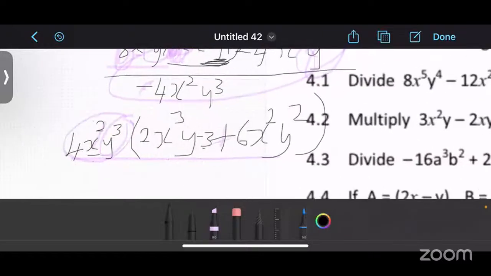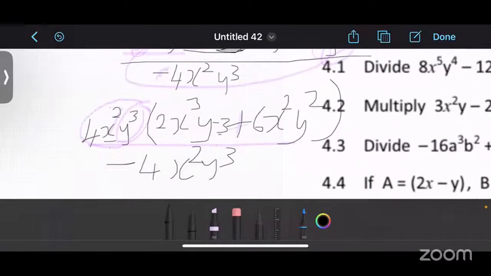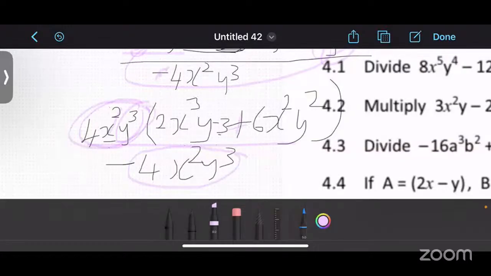And then let's see. Down here we have minus 4 x to the power of 2, y to the power of 3. If you have something like this, can you see that we have like terms? This and this are the same, but obviously this one has a negative.